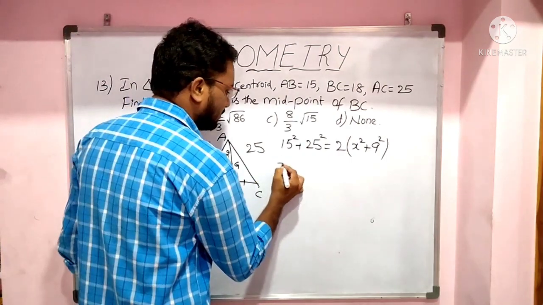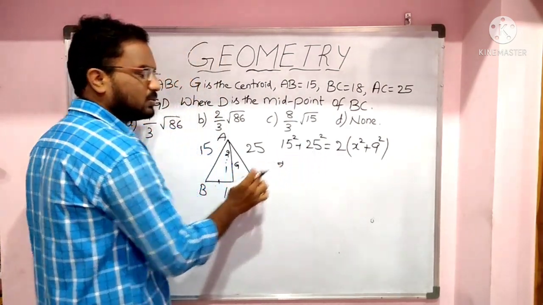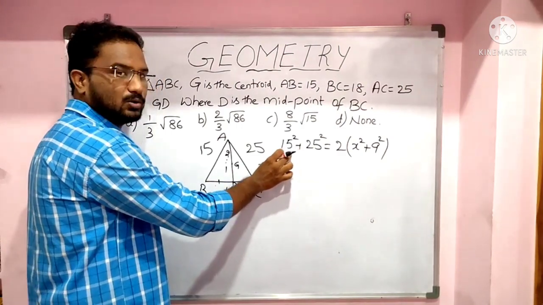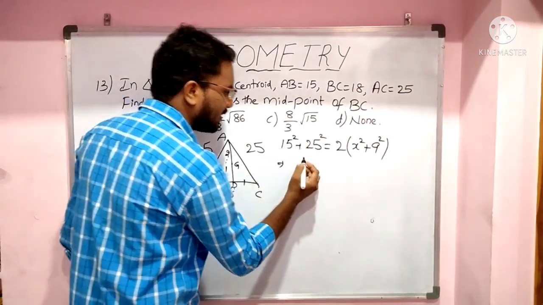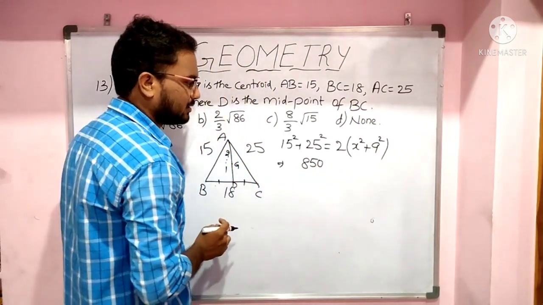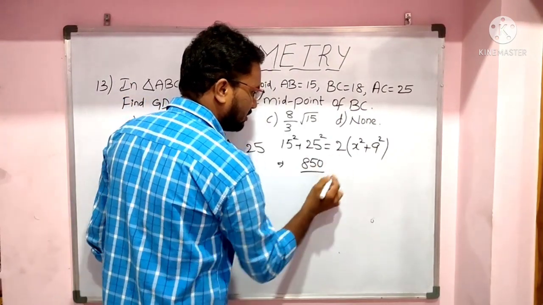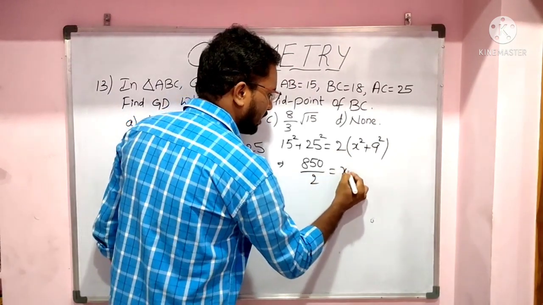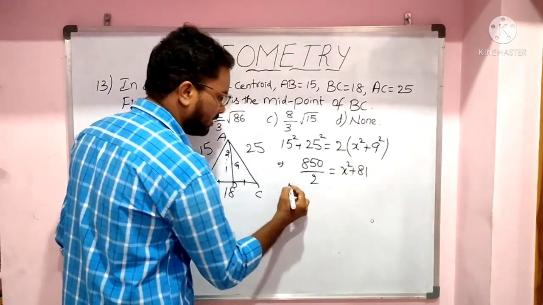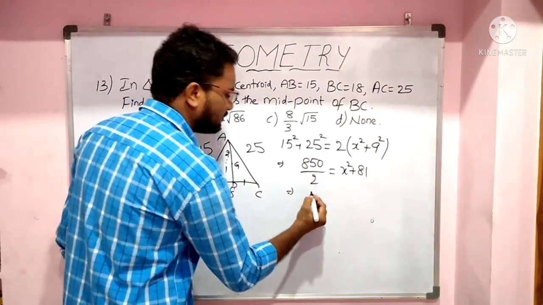So 25 square is 625 and 15 square is 225. 625 plus 225 is 850. 850 by 2 equals X square plus 9 square, which is 81. So 850 by 2 is 425.